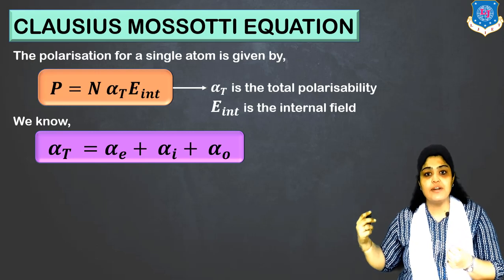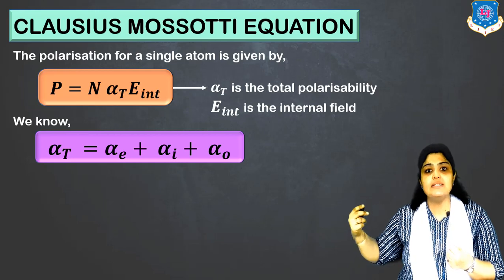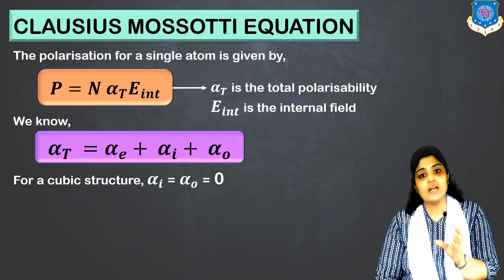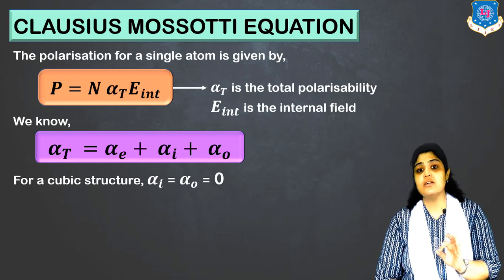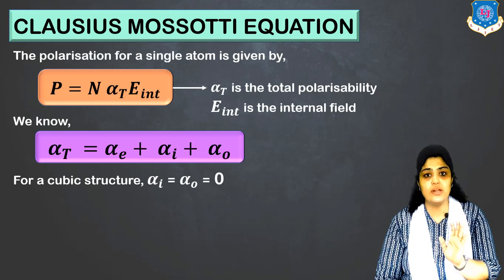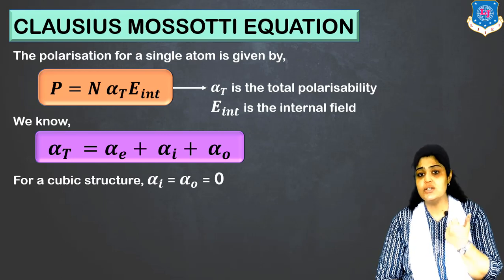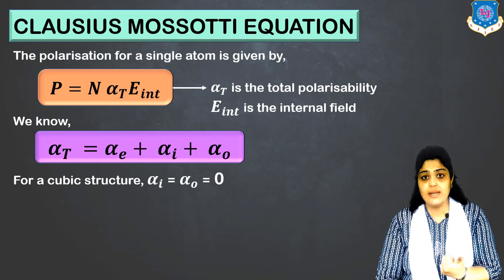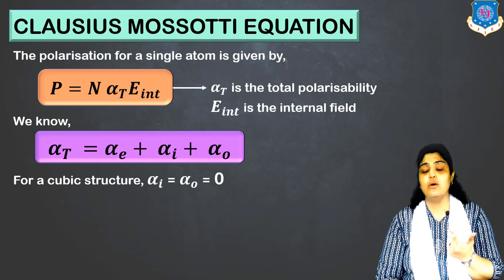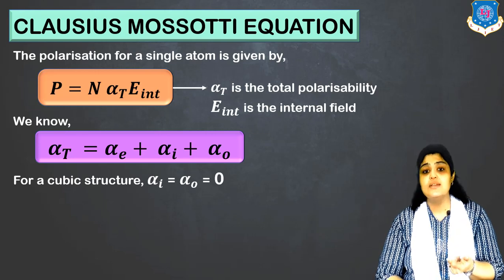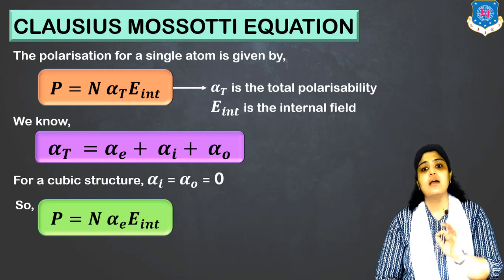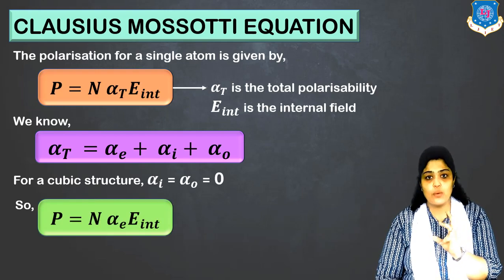So alpha T is equal to alpha E plus alpha I plus alpha O. But if I consider a cubic structure, there would not be ionic polarization and orientational polarization, because ionic polarization takes place only in ionic solids, and orientational polarization takes place only in polar dielectrics. So alpha T is equal to alpha E. So I have modified my equation.